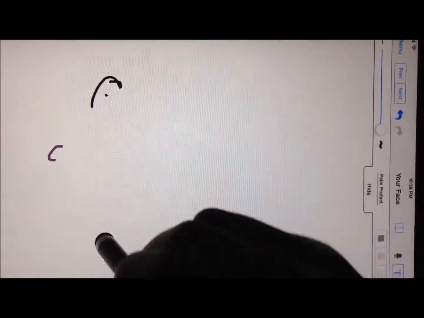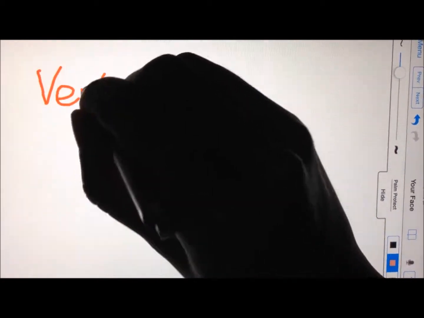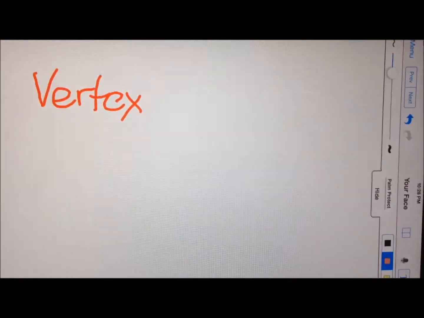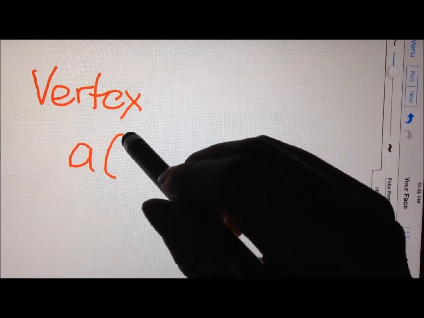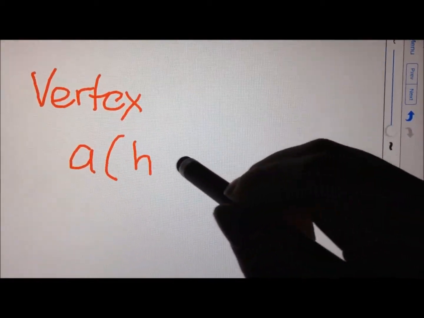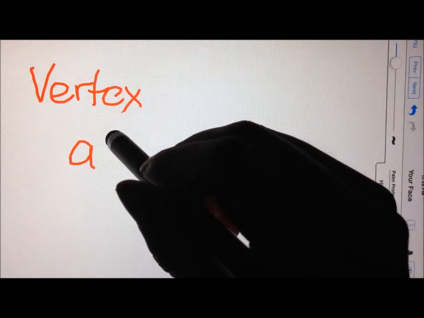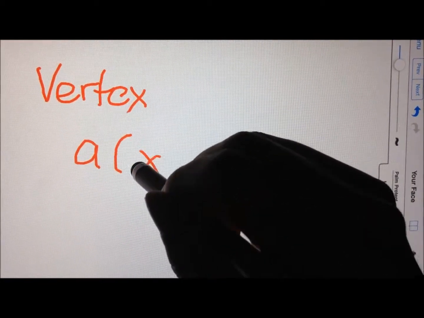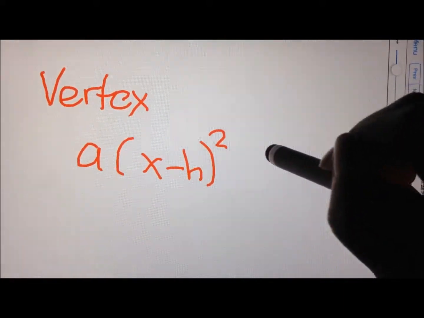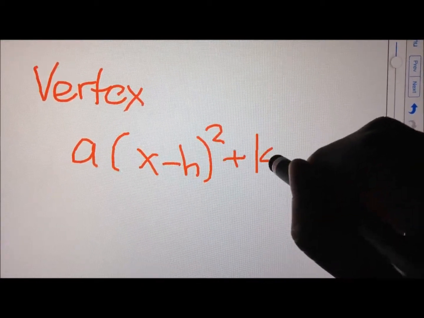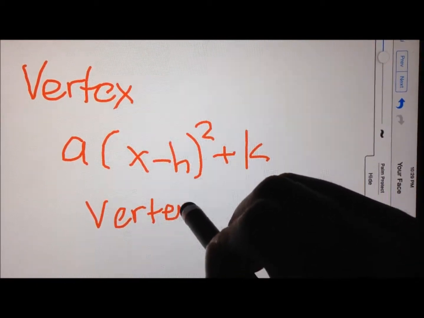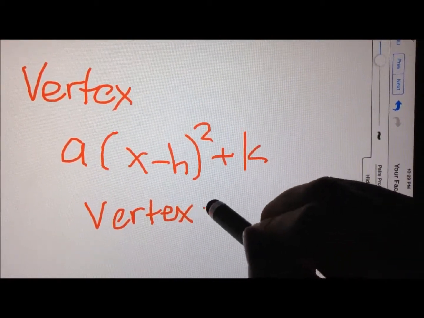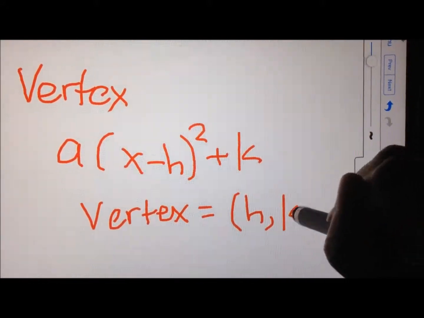Now, the vertex form is a times (x minus h) squared plus k, where the vertex equals (h, k).